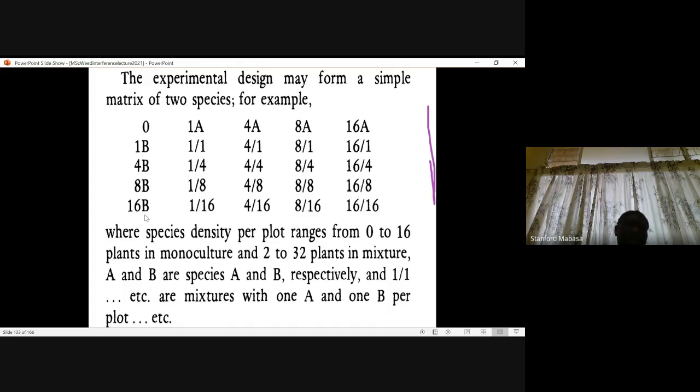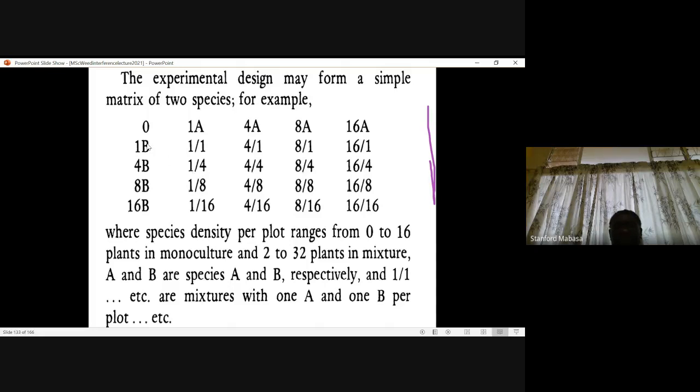B also represents one plant. You can see we are varying the density of B going this direction. We are also varying the density of A going this direction. If we look at A, the proportions of A are changing, whilst those of B are constant, at 1, 4, 8, and 16. So the proportions of A are increasing in this direction.